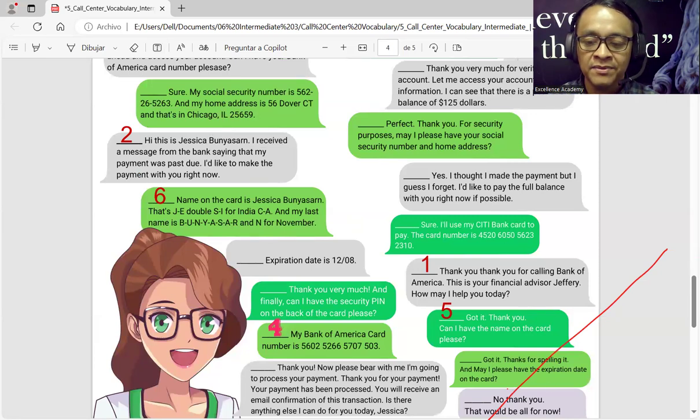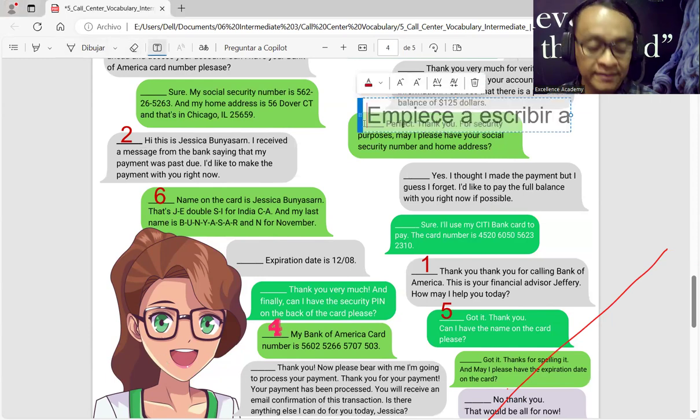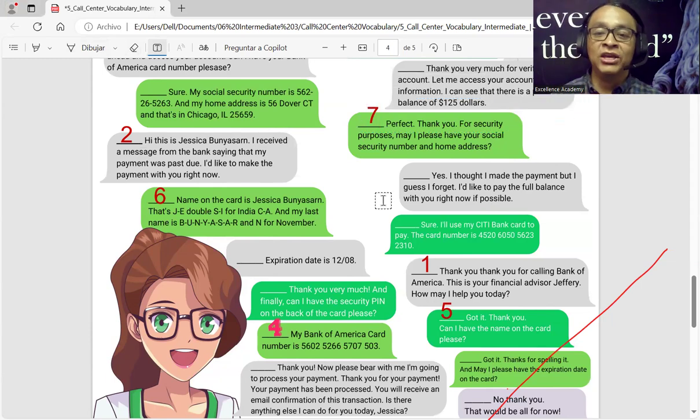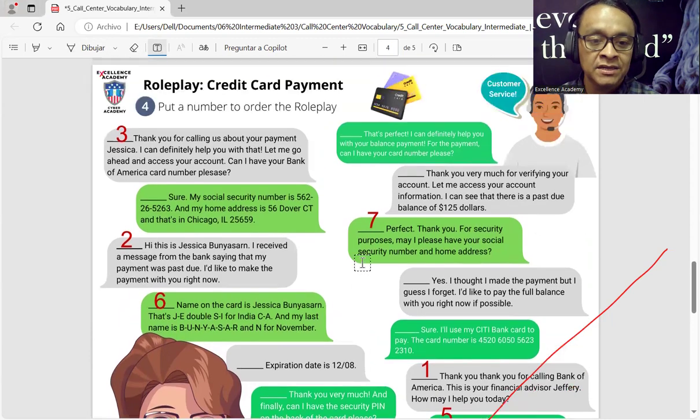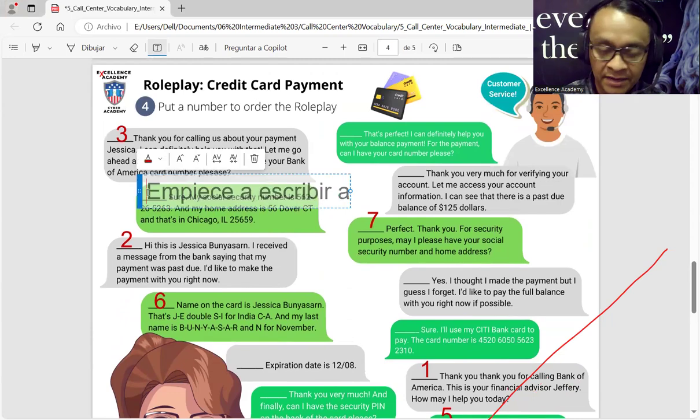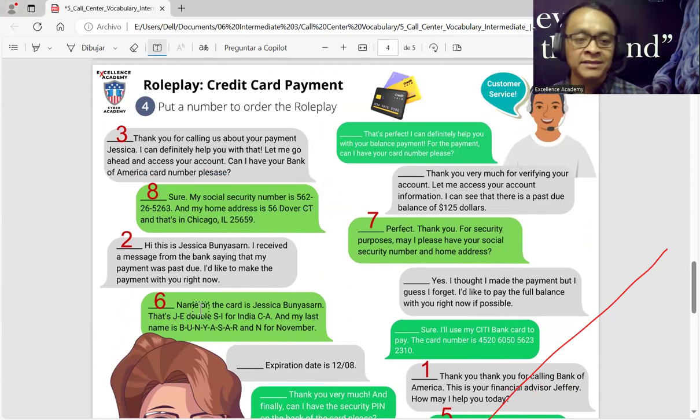Okay, let's go to step number 7. Here, the agent, perfect. Let's write 7. Perfect. Thank you. For security purposes, may I please have your social security number and home address? So we're in the verification step by requesting the social security number and the address.